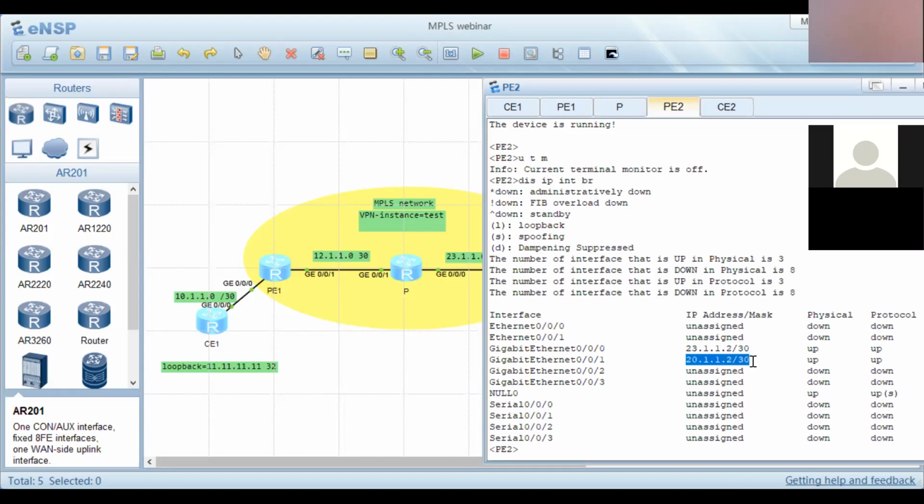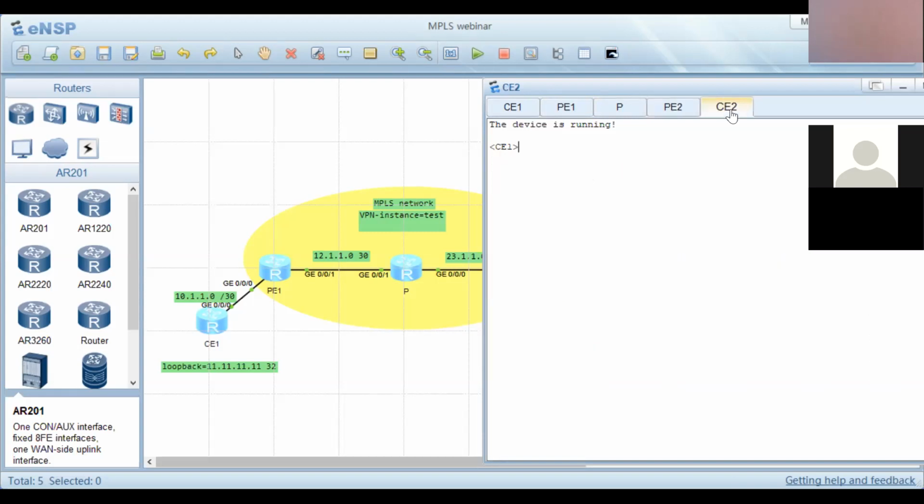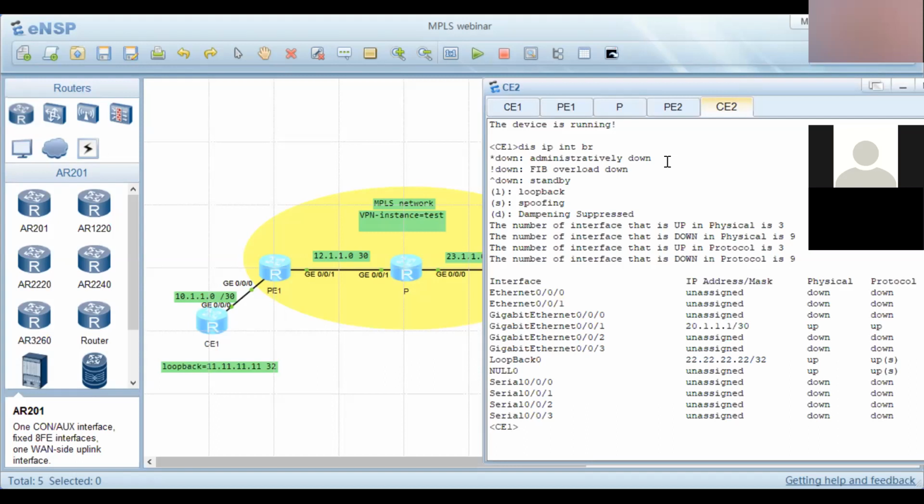This is the one that connects to the customer edge CE2. Okay, and this is customer edge 2, that means display ip interface brief. So all is pre-configured here. This is the interface that connects to the PE2.